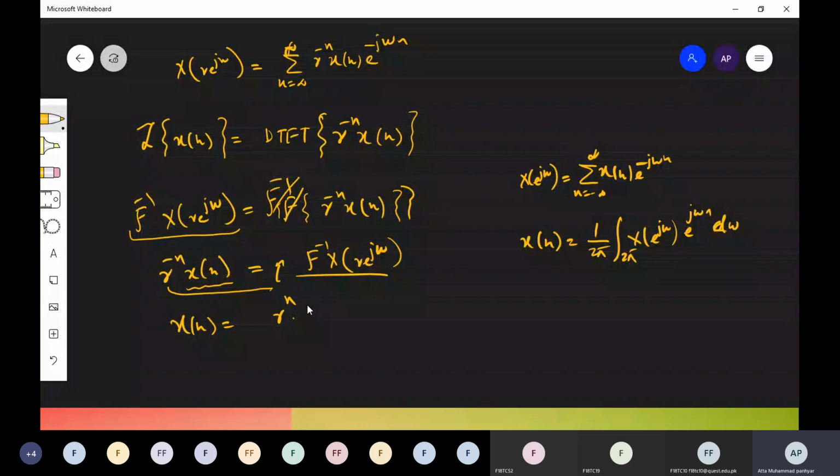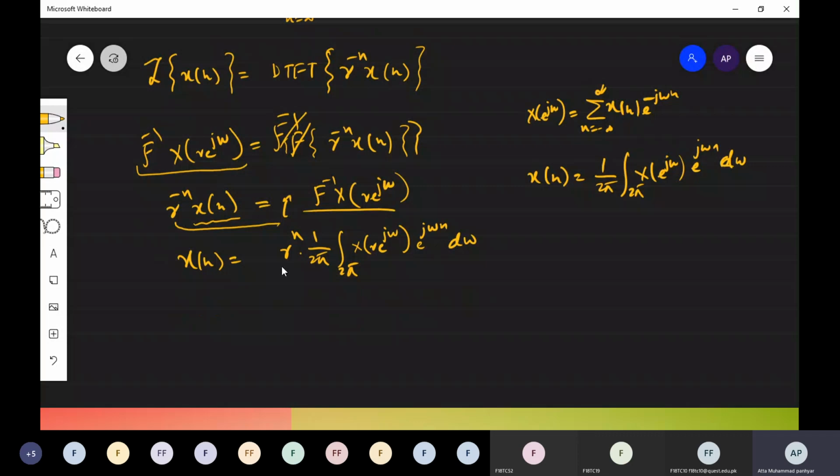Then what we get? This must be equal to 1 over 2 pi integral over 2 pi of x of r e to the power j omega e to the power j omega n d omega, right?